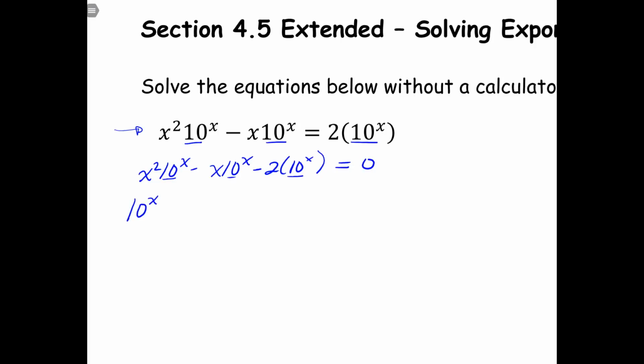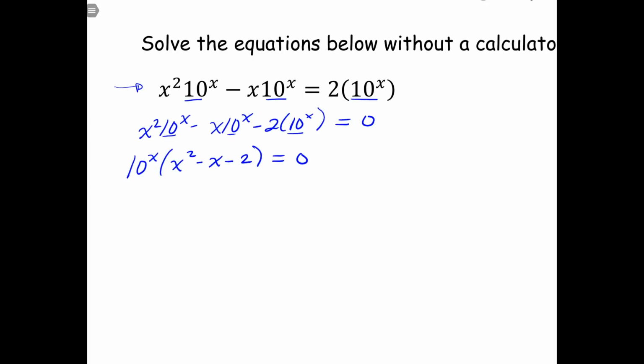We bring out 10 to the x, and we have x squared minus x minus 2 equals 0. And then we see that this quadratic is factorable, so we factor that down, giving us x minus 2, x plus 1 equals 0, and then set each factor equal to 0 and solve.